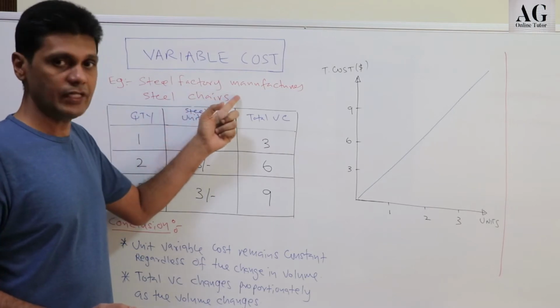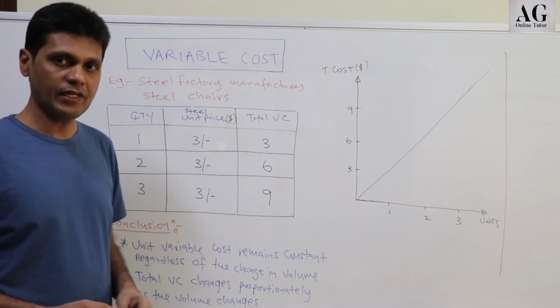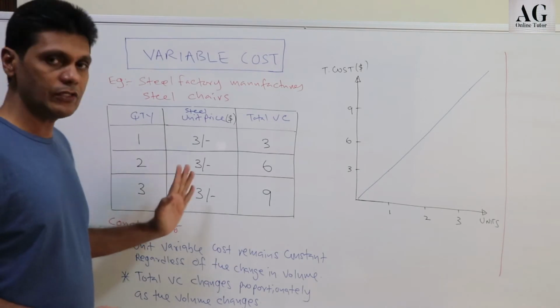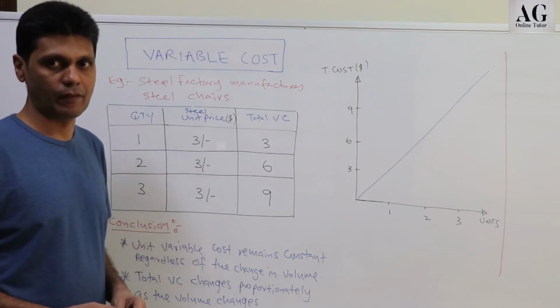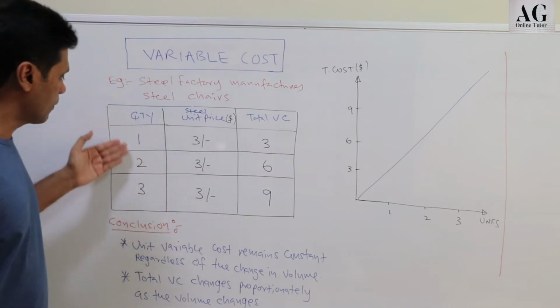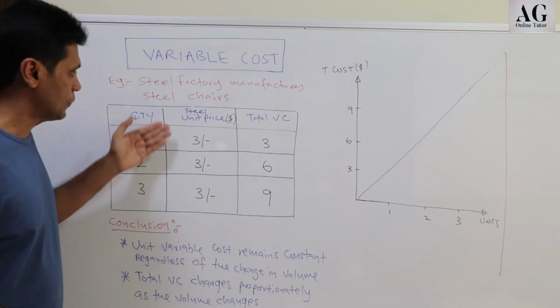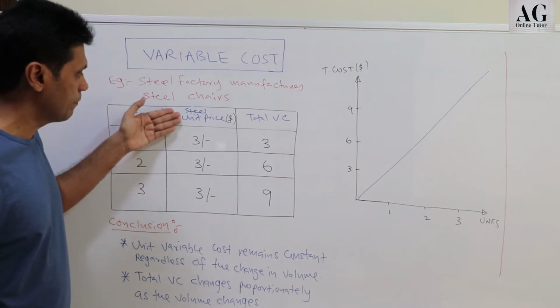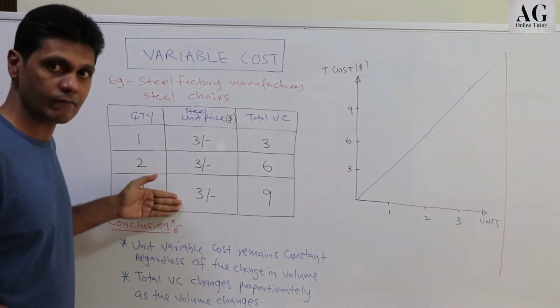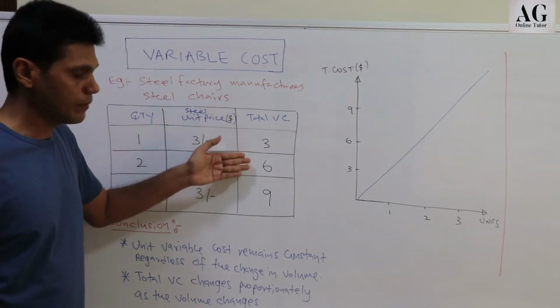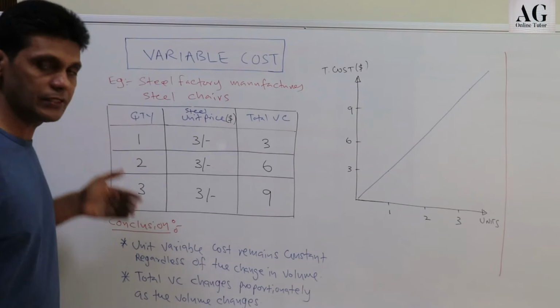There is a steel factory which manufactures steel chairs, and the relevant cost structure is also given. You are given the number of quantities, the unit price per steel, and the total variable cost of manufacturing these units.